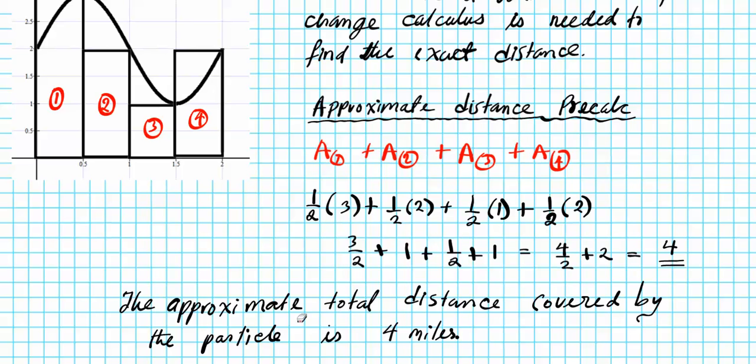We can only approximate if we don't have calculus available to us. As we learn more about calculus, we're going to learn how to find the exact distance by making use of a tool called integration.